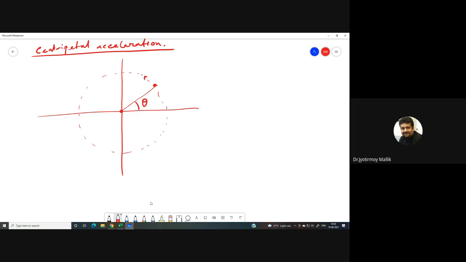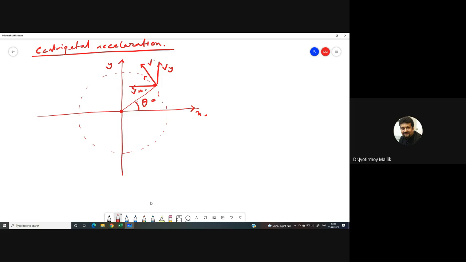And the linear velocity of this particular planet is v, which I can resolve into two components. Suppose this is y, this is x, as vy and vx. And the angular velocity is omega.